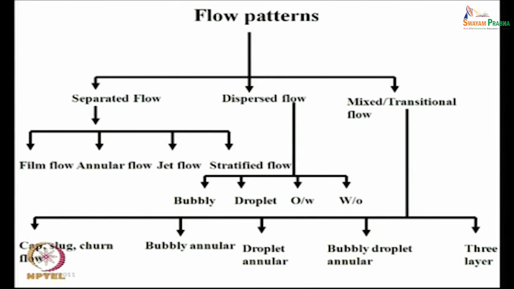It is either the droplet annular or bubbly annular, where bubbles are dispersed in the liquid core, or maybe droplets are dispersed in the gas core and so on. So, ideally speaking, unless you have very high phase velocities or very low phase velocities, you hardly get completely separated or completely dispersed flows. Usually we encounter mixed flows, and that complicates the situation for two phase flow circumstances.